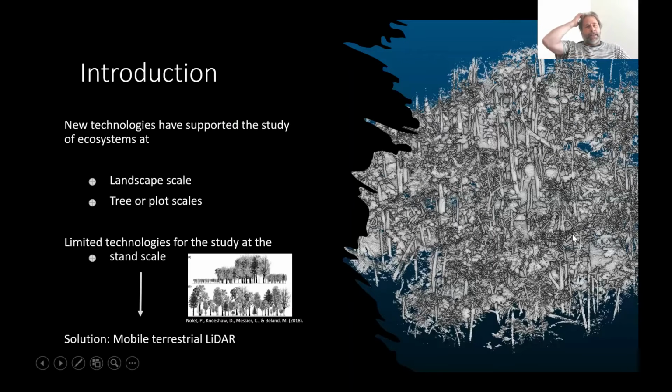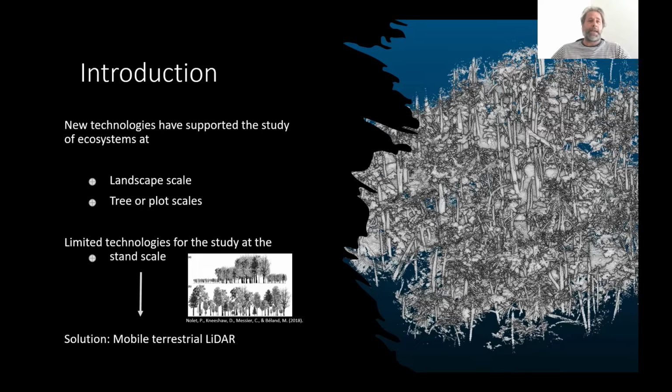In the last decade, a lot of new technology has been developed to support the study of ecosystems, especially forest ecosystems. Most of these technologies have been used at the landscape scale or at the tree or plot scales, but there has been limited technology for the study at the stand scale.